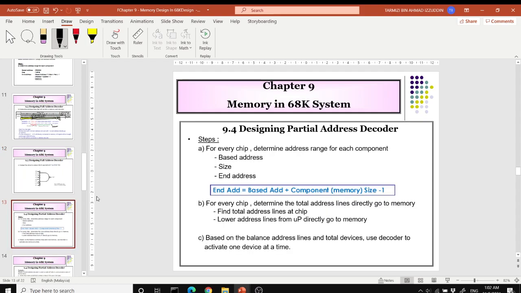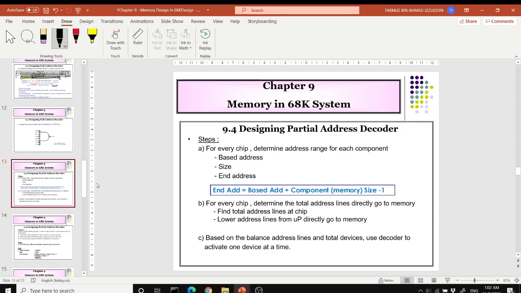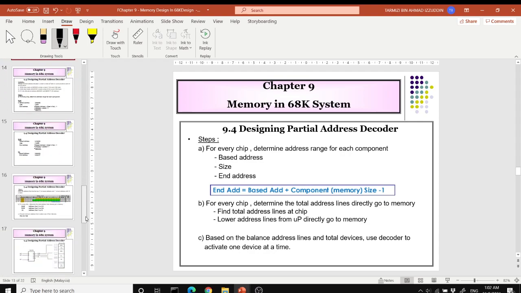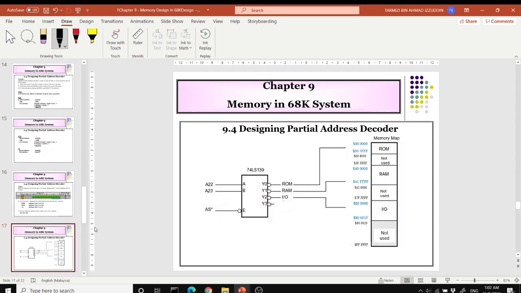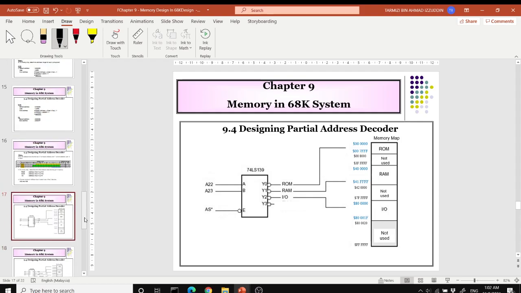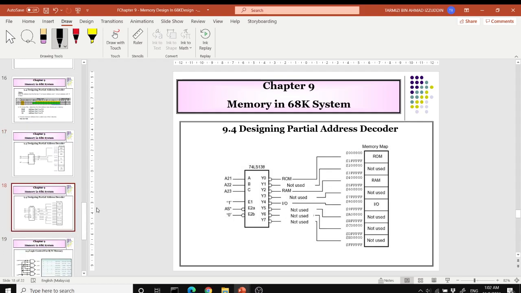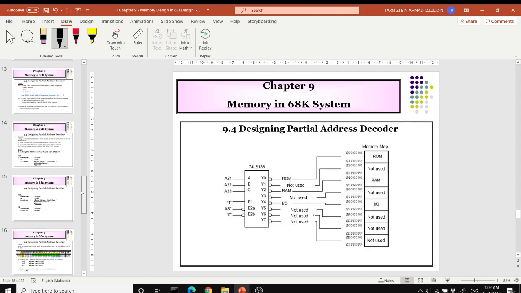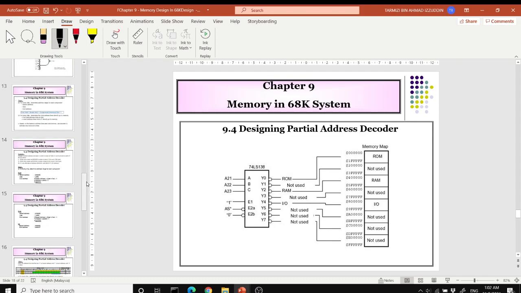So this is on the full address decoder. Today we're going to look at how to design a decoder using the partial address decoder scheme. The concept and the steps are fairly the same, but there is a bit of difference in which we are going to use an external decoder chip, 74LS139 or 74LS138, in order to connect the 68K to the peripheral that we want to connect.